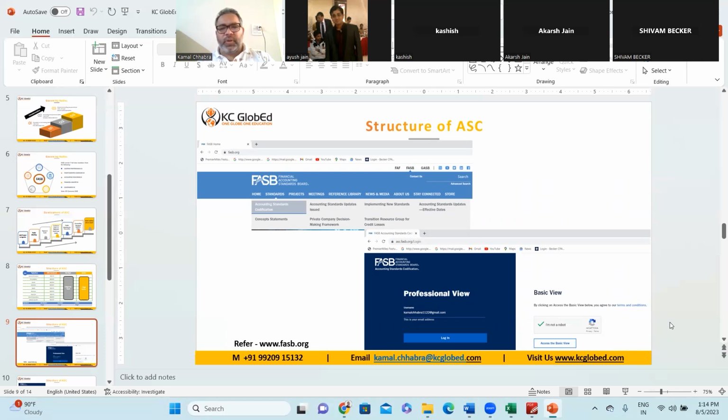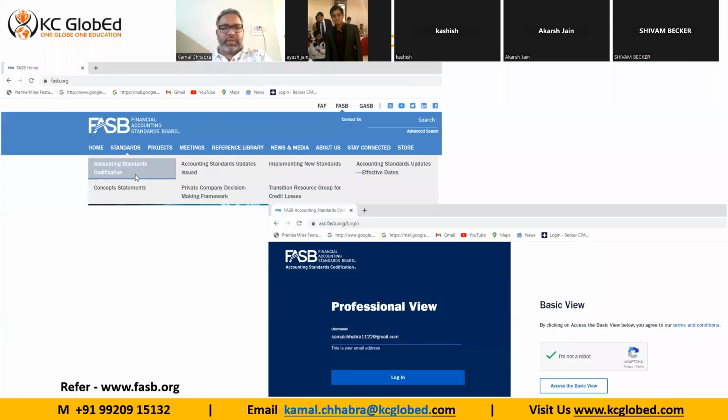So Shivam, just for your benefit, if you go to the FASB organization website, fasb.org, you will see this kind of screen. On this screen, you just need to select the accounting standard codification. The next screen will come like this: do you want a professional view or a journal view?